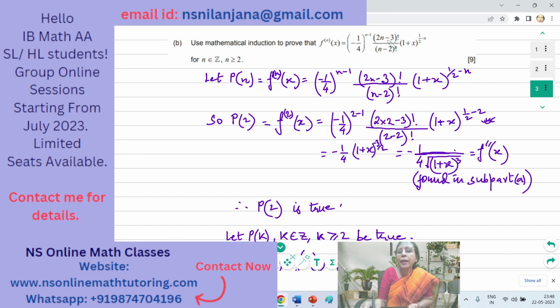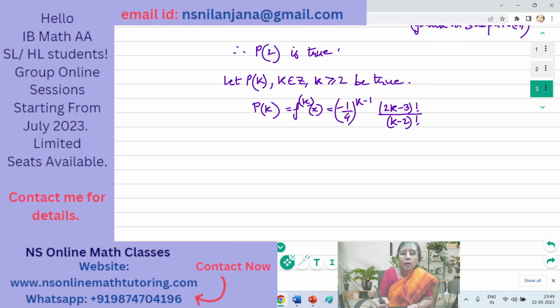We are putting in k for n, so it is k minus 3 factorial over k minus 2 factorial times 1 plus x raised to the power of half minus k. Let this be named as equation A.